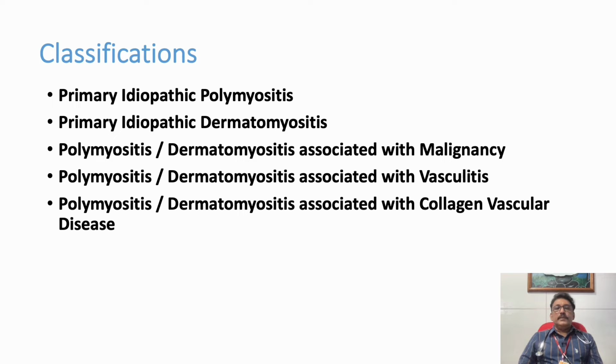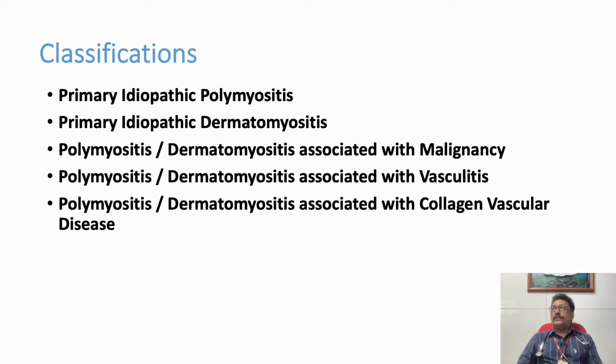Then polymyositis or dermatomyositis secondary to malignancy, especially lung, testicular or breast malignancy. So in an elderly individual coming with severe myopathy or myositis, we have to always rule out malignancy. Fourth variety is polymyositis or dermatomyositis associated with vasculitis.